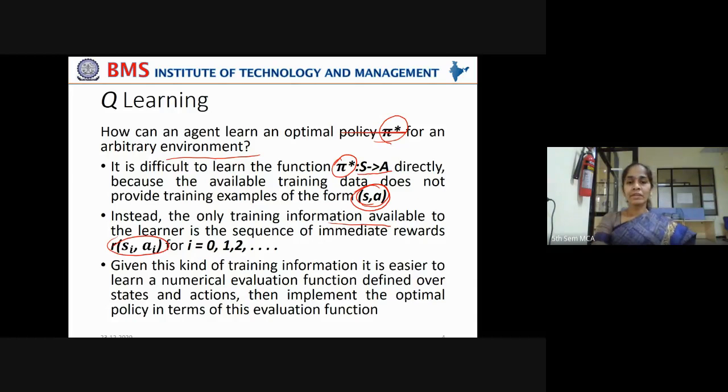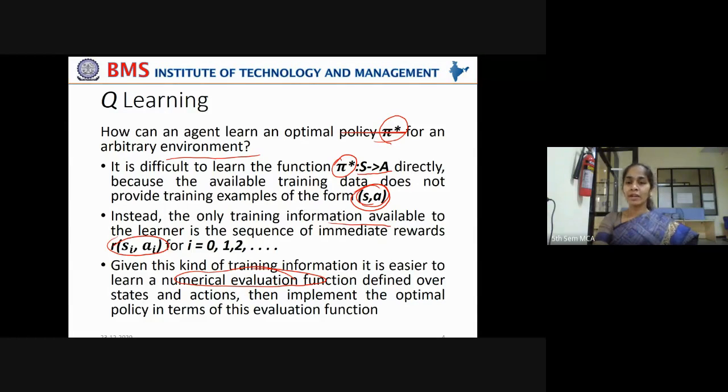Given this kind of training information, it is easier to learn a numerical evaluation function. If this kind of reward values are given to us, then it is actually easy to learn the appropriate function using which we can frame the control policy based on this numerical evaluation.